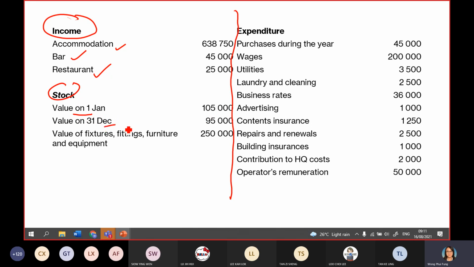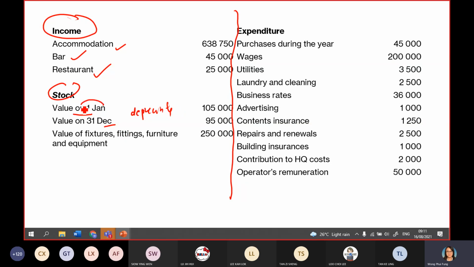Value on 31st December becomes 95,000, which means the stock will depreciate. Say for example, the restaurant buys canned food at the early part of the year. But if they didn't use it, until the end of the year they will expire. So that's why we need to allocate depreciation for the stock.